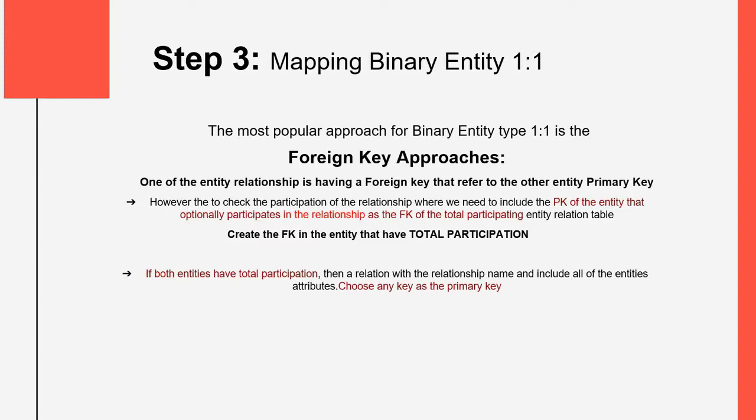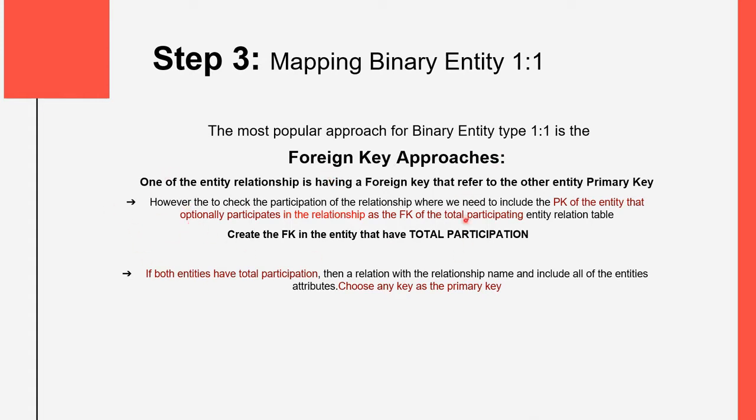So we will use the foreign key approach, where one of the entities in the relationship has a foreign key that refers to the other entity's primary key. So we use this approach to create the relation table for one to one.